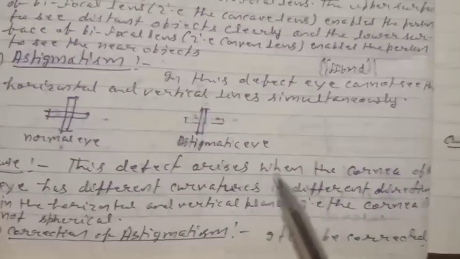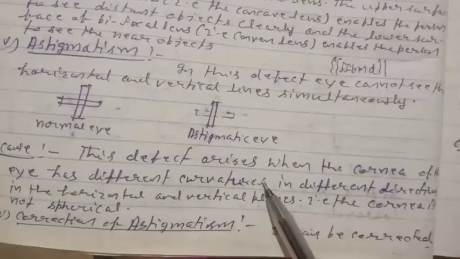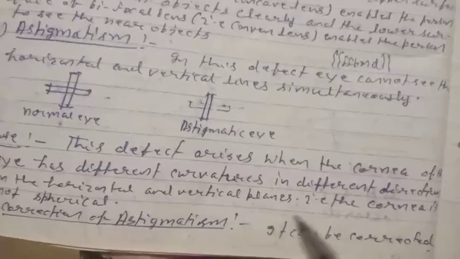Cause: this defect arises when the cornea of the eye has different curvatures in different directions, in the horizontal and vertical planes. That is, the cornea is not spherical. Correction of astigmatism: it can be corrected by using a cylindrical lens of desired axis and radius of curvature.